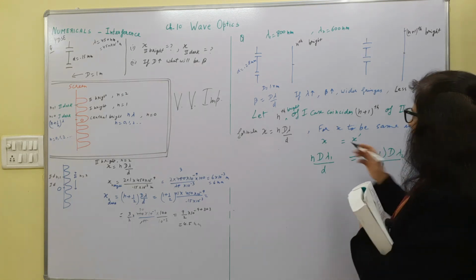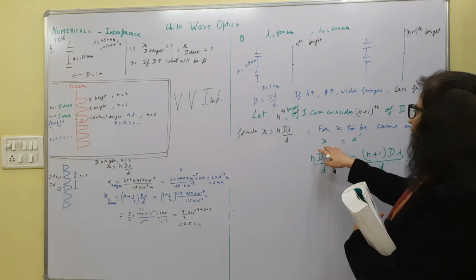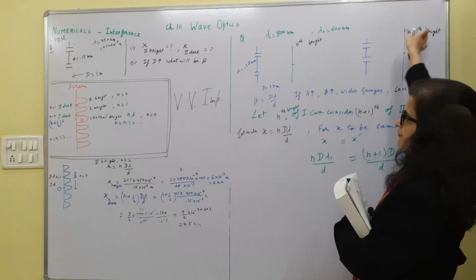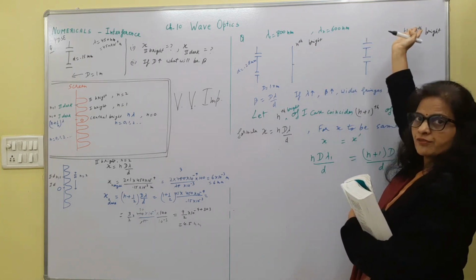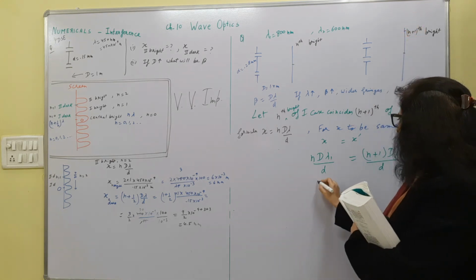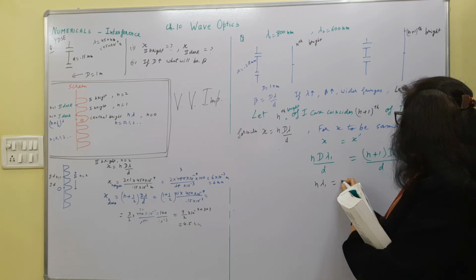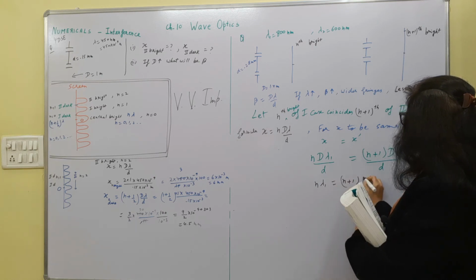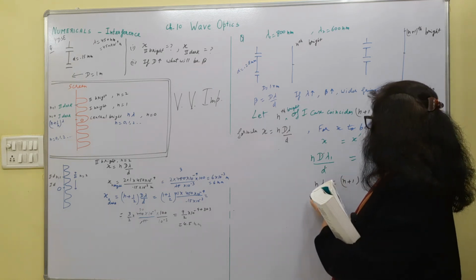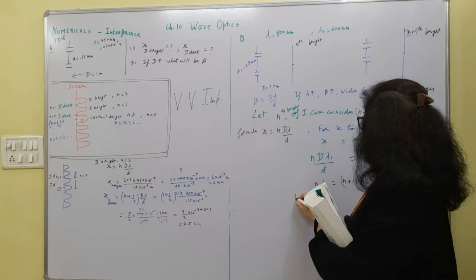I hope this is clear, that this distance will be the same where these will coincide. So if one is nth, the next consecutive of the other will coincide. So this is n lambda 1 is equal to n plus 1 lambda 2, because the rest will cancel out. So from here we can find n.